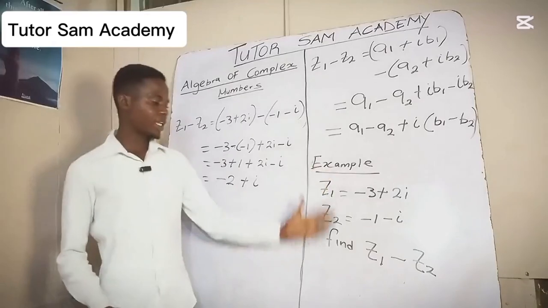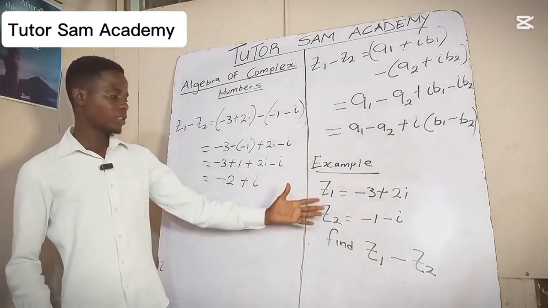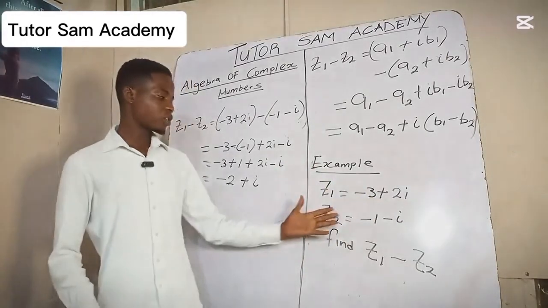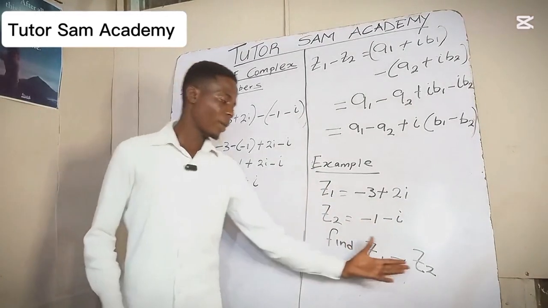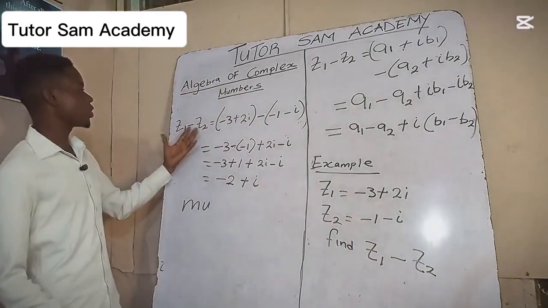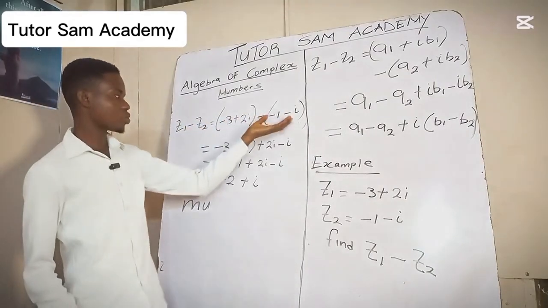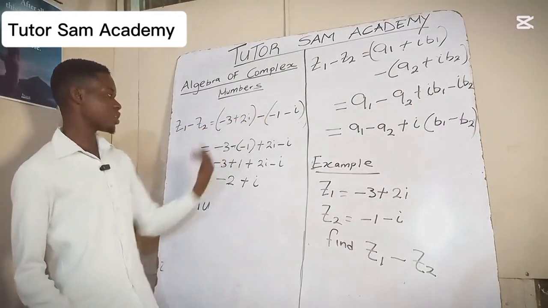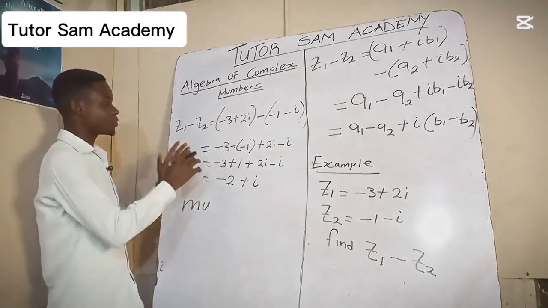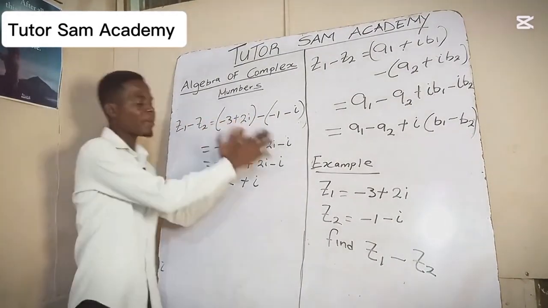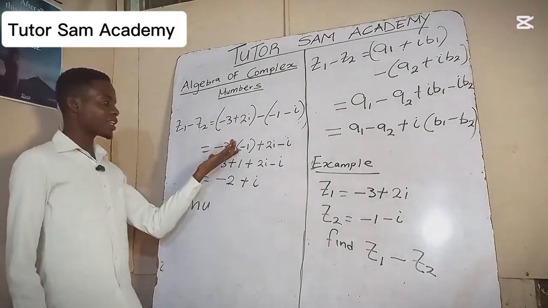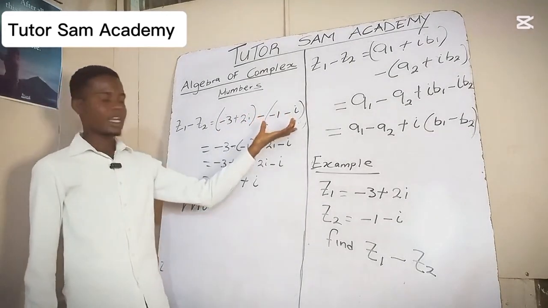Let me just take a recap on this. This Z1 is this, Z2 is this. We have to find Z1 minus Z2. So don't forget, you subtract the real part and the imaginary part. Subtract the real part from itself, subtract the imaginary part from itself.